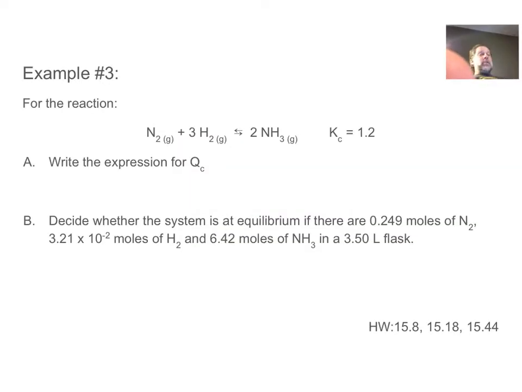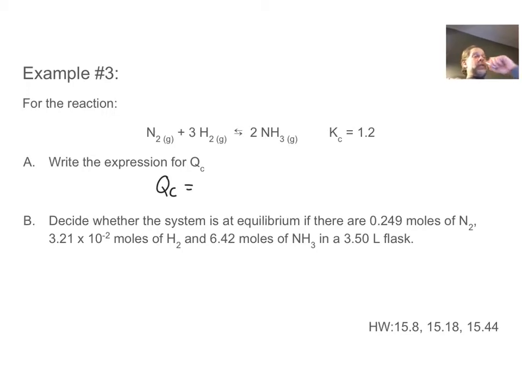So in this problem here, we have N2 plus hydrogen reacting to form ammonia. The equation is balanced for you, and you're asked to write the expression for Qc. Just like writing the expression for K, it's going to be a very similar situation. So I'm going to write Qc, and Qc is equal to the concentration of products over reactants.